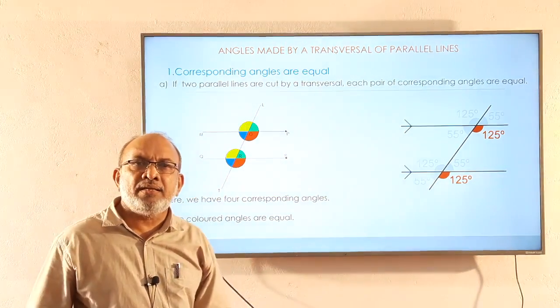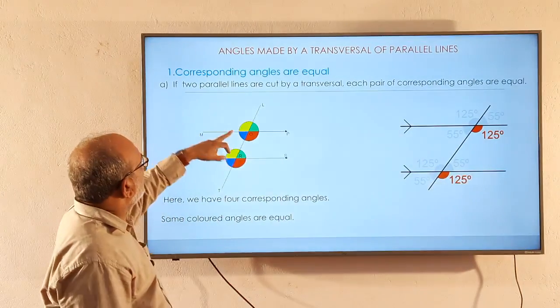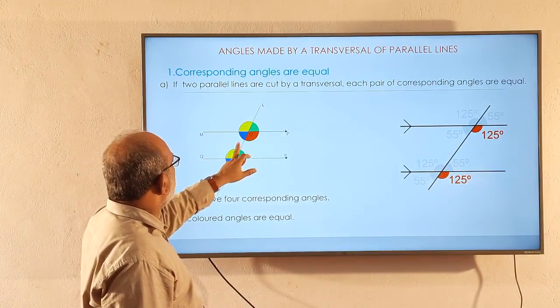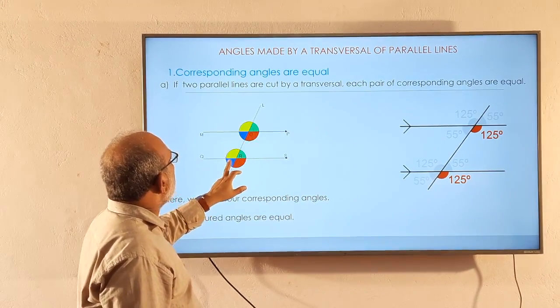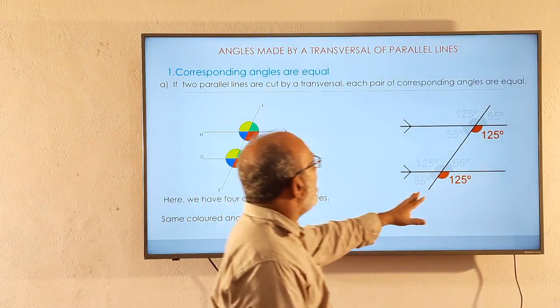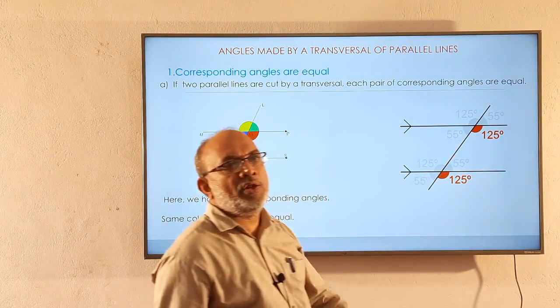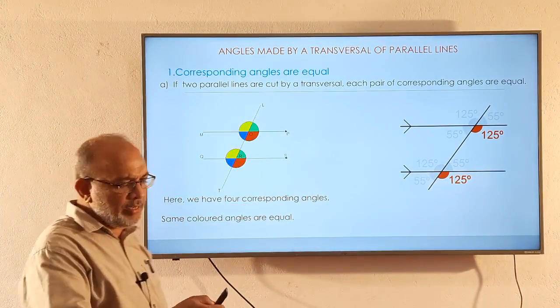What is the condition? These lines have to be parallel, right? So the yellow shaded are equal, the red shaded equal, the green shaded equal and the blue shaded equal. All these corresponding angles are equal on the condition that the lines are parallel.